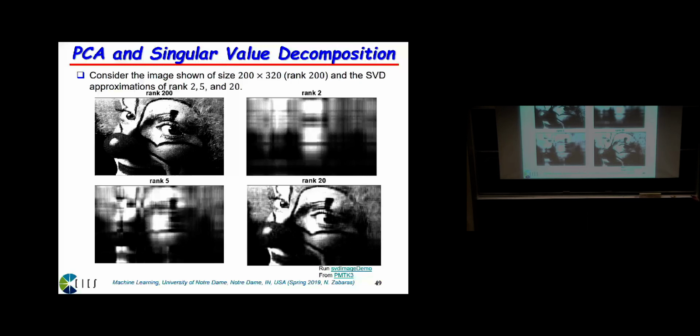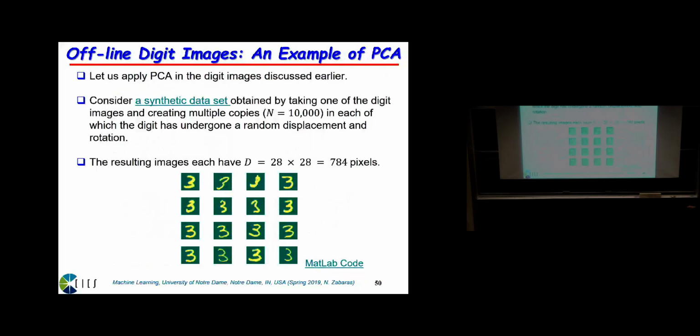You can actually see that with 2 components you don't see very much, with 5 you don't see very much, but with 20 components out of 200, you immediately see this guy showing up there. Your brain, when it sees a bozo, recognizes a bozo.